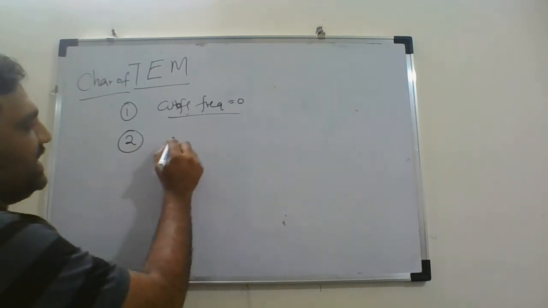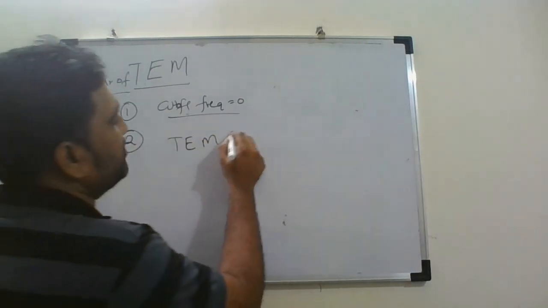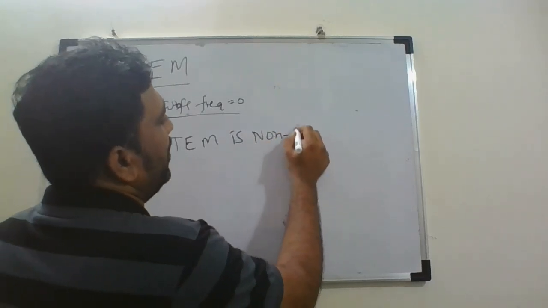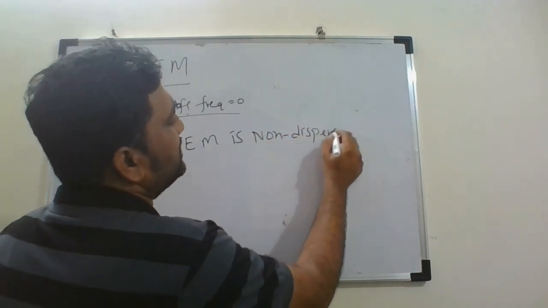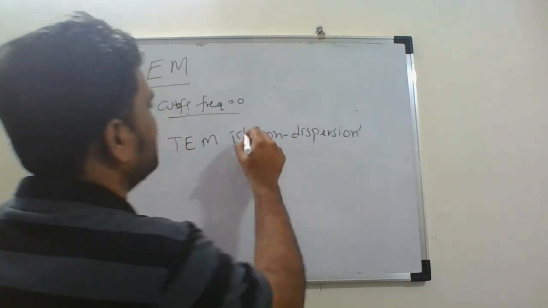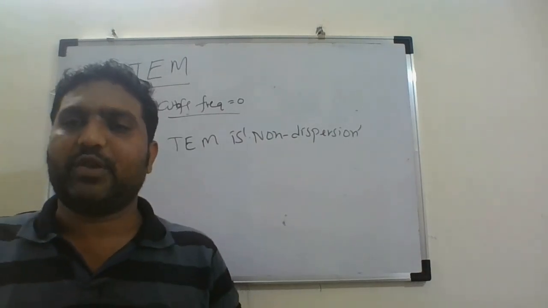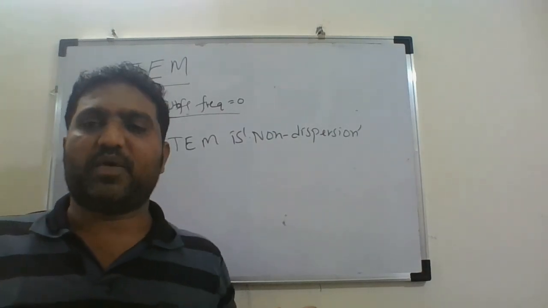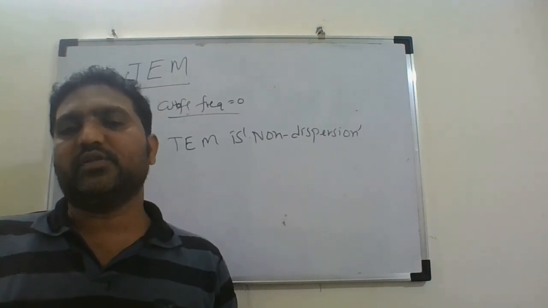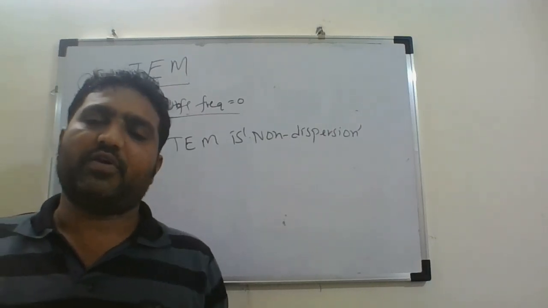Therefore, this TEM wave is a non-dispersive mode. There is no dispersion of wave. We will discuss this when we get into the calculation of velocity. No dispersion, no change of these things.